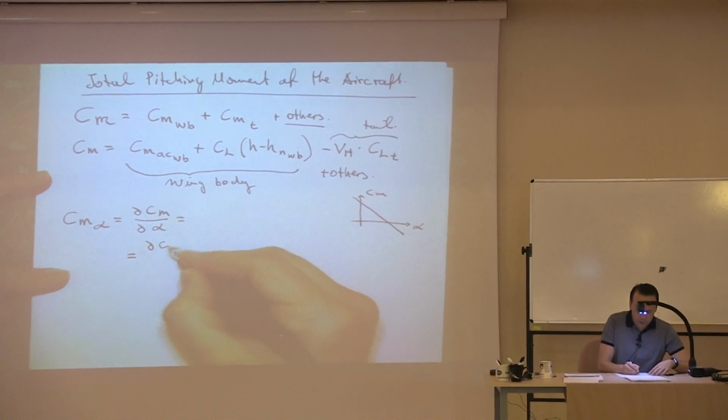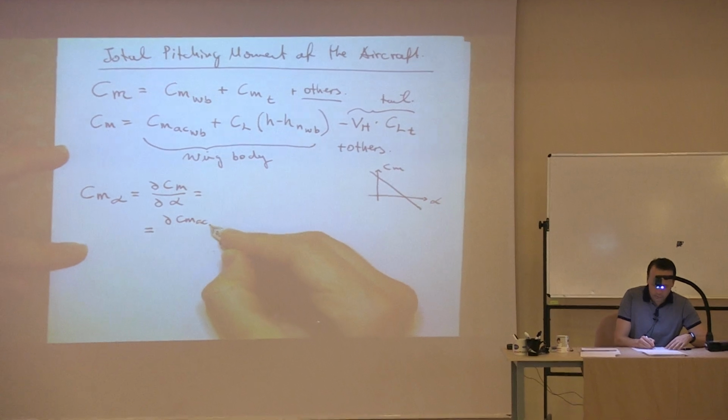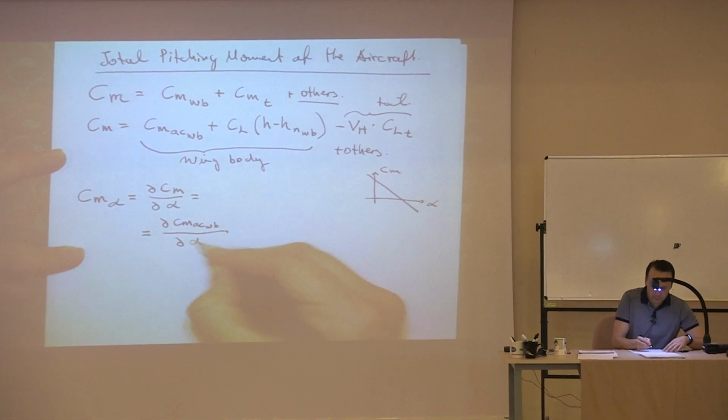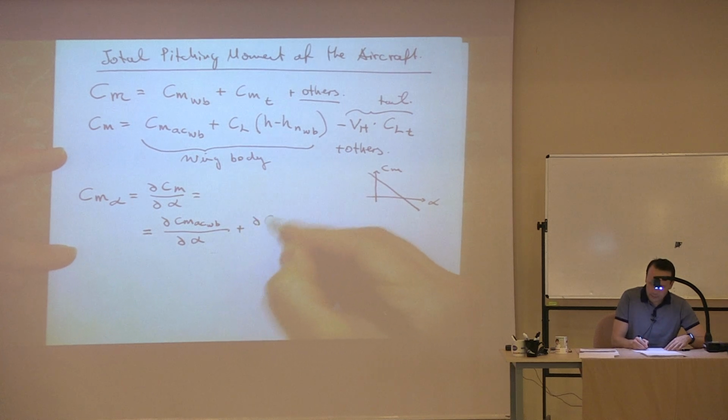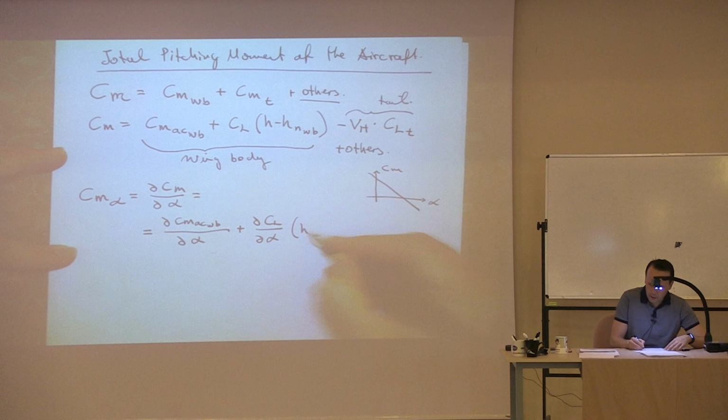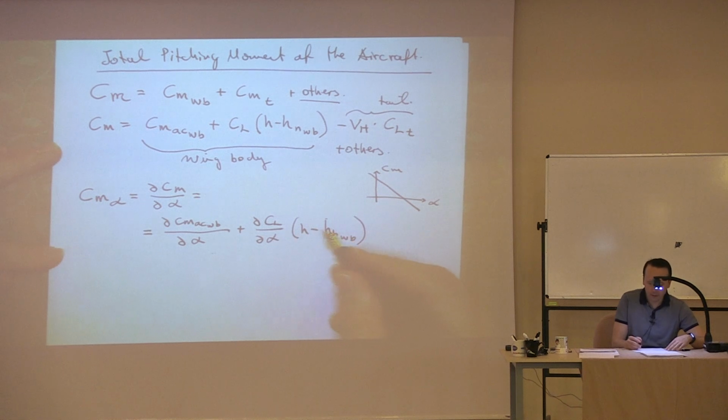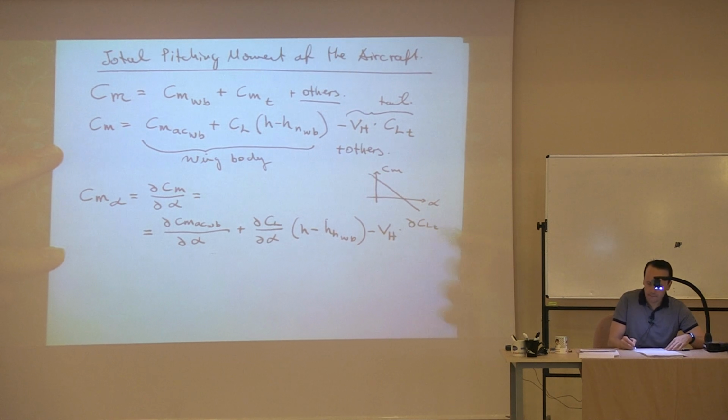Del Cm aerodynamic center of the wing body, del alpha, so that's the first term, plus del C_L del alpha times h minus h_n wb, which is really the non-dimensional distance between the aerodynamic center and the center of gravity, minus V_H, that's a constant, right, times del C_L,T by del alpha, plus others.